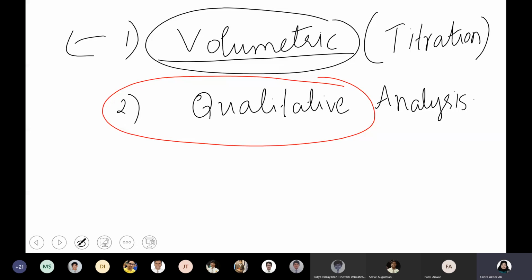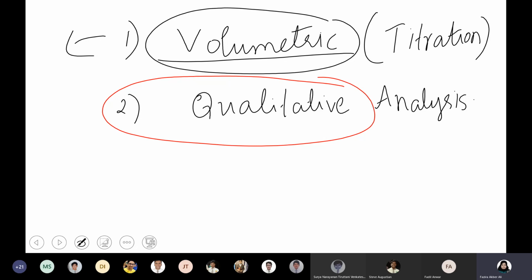So just be familiar with these two terms, quantitative and qualitative analysis. You are doing one quantitative analysis, that is volumetric. We used to call it titration. One of the methods of volumetric analysis is titration. So in quantitative analysis, one method is volumetric, that is using volume, and we are doing only titration in that.